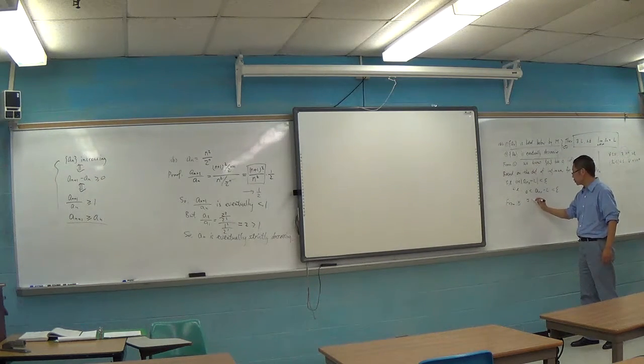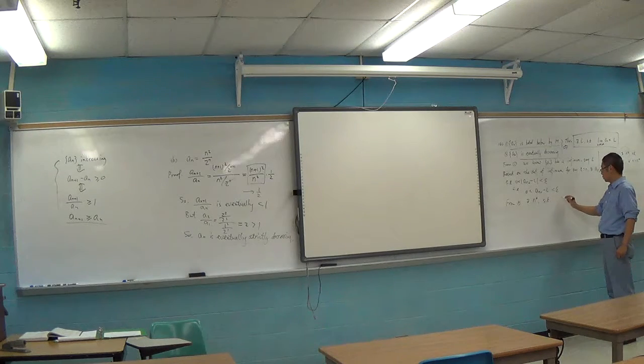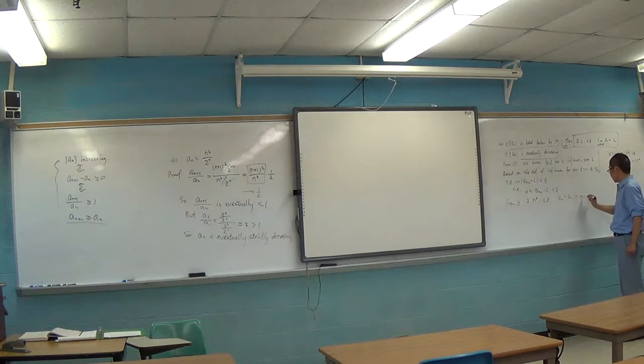It means there exists n star such that a_m is less than a_n for all m greater than n and n greater than n star.